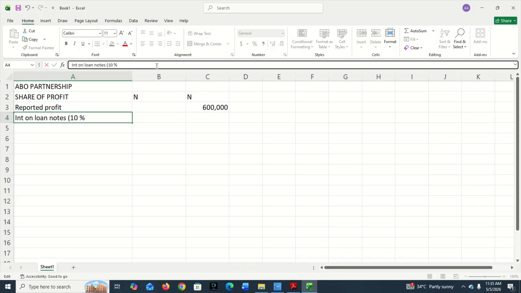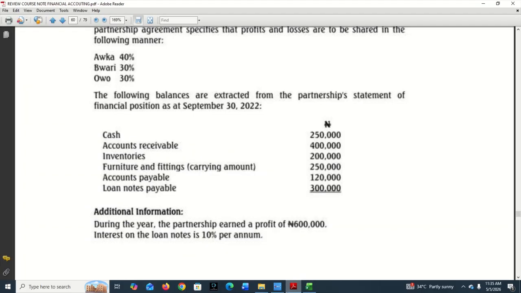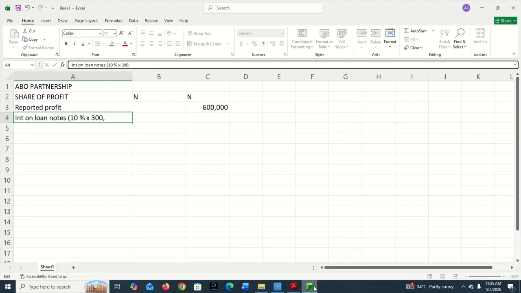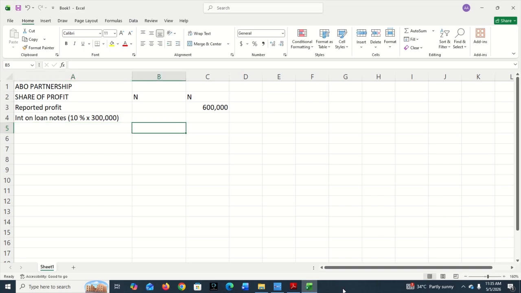We check that in our statement of financial position. 10% multiplied by the loan note, which is 300,000, will give you 30,000. So remove 30,000 from this. So minus 30,000, the profit left from this will be 570,000. Then we have to take care of some other things too before we can share the profit.